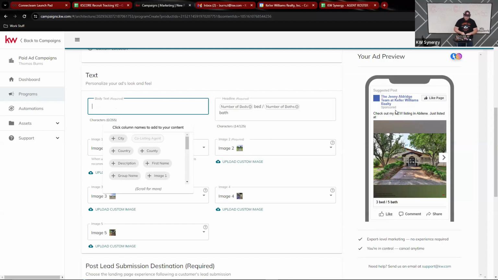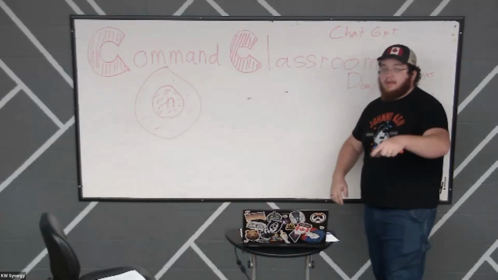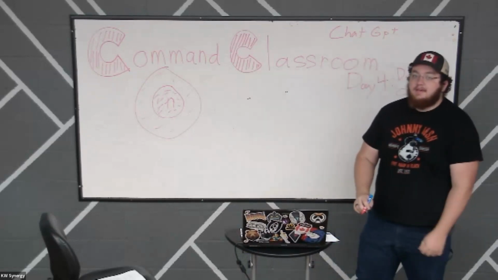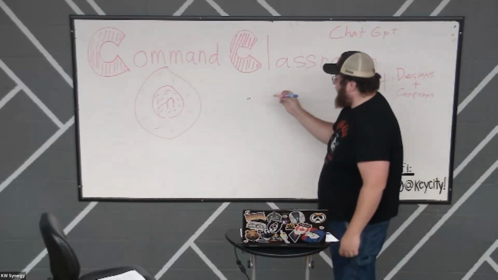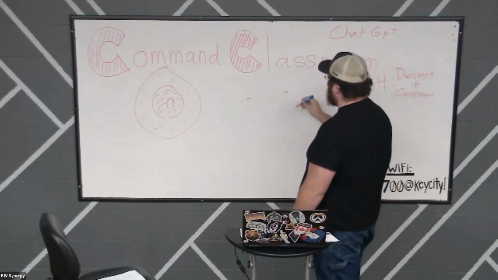So I'm going to kill the screen share one more time, and I'm going to show you guys this on the board, and then we're going to practice it in the system. So what you want when you're making one of these ads is to grab their attention. It's like when you're fishing and you have your hook, we're basically going to plant some hooks.